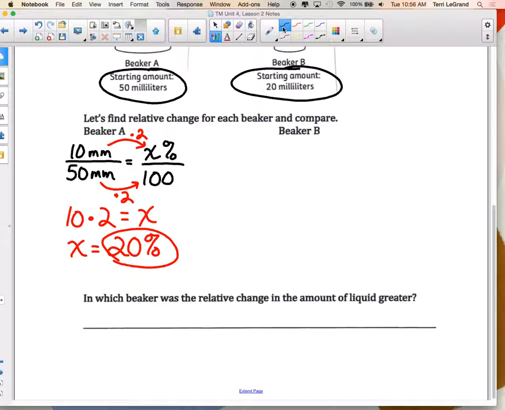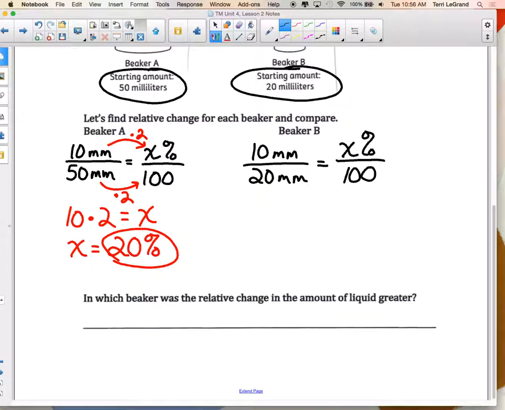See if you can set up the proportion all by yourself here. What would the proportion look like for this one? What do we do? Yeah, how do you guys feel about that?